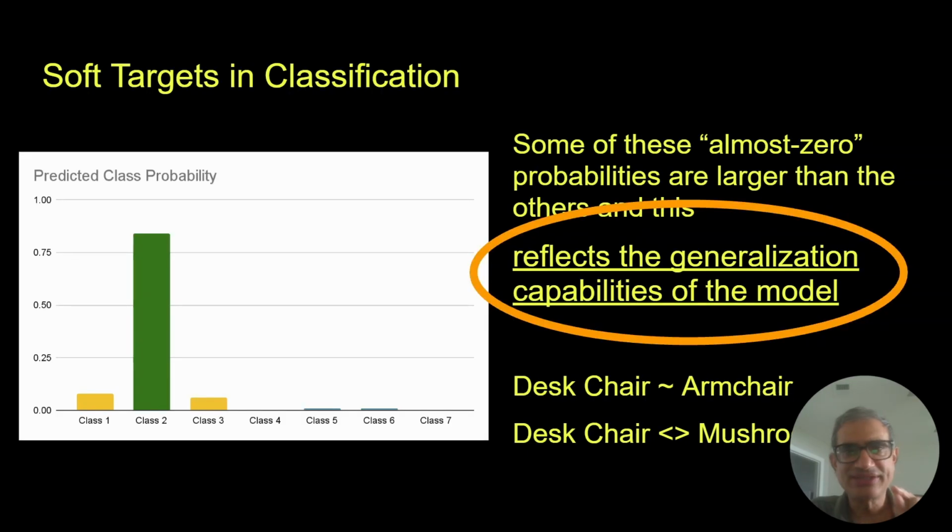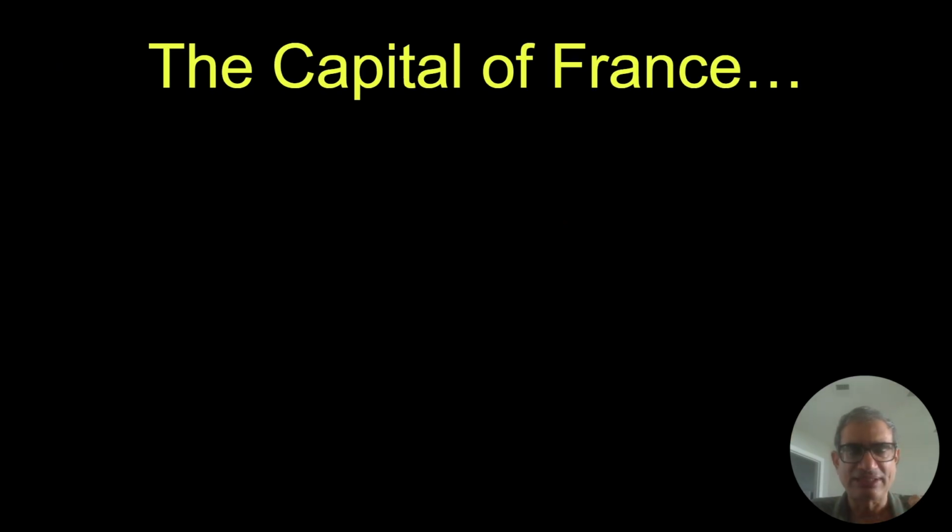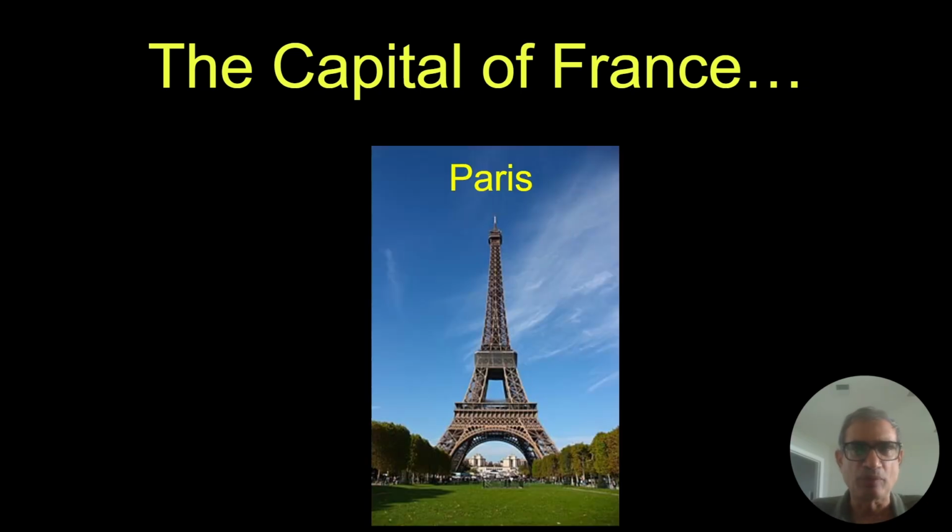I have one example for how this generalization works, so hopefully that will make things clearer. I took a very simple example. Let's say that an LLM had to come up with the capital of France. The hard target is very easy, and we know, of course, it has to finally arrive at Paris.